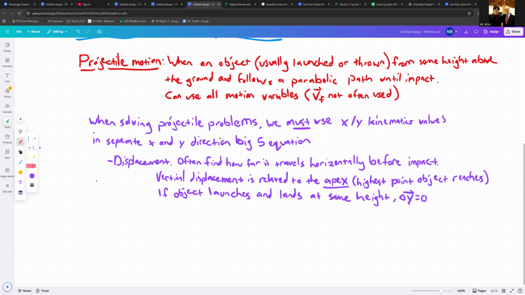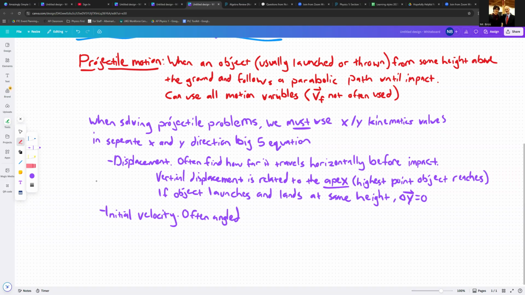Okay, initial velocity. This is a big one for sure. This is often an angled initial velocity.